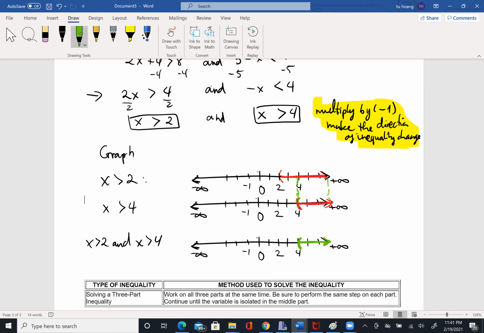Oh, you know what? I have a mistake on the top here. See, I multiplied by -1, right? It should be a -4 over here. Oh my goodness. Okay, so let me change a little bit here. So this should not be the solution for this.